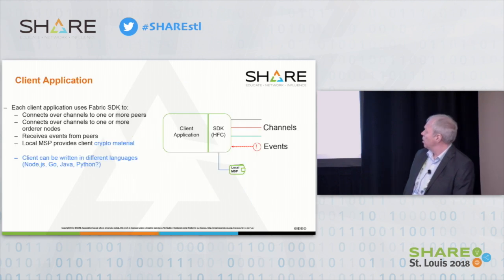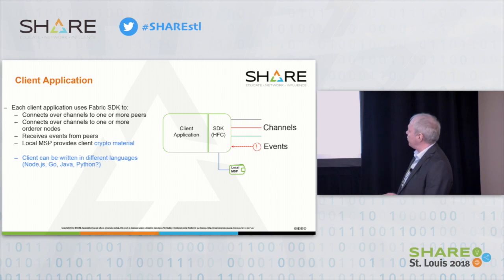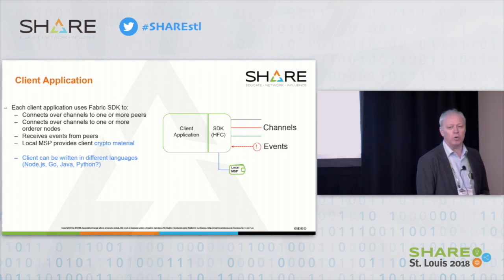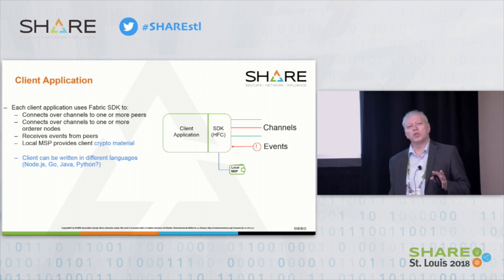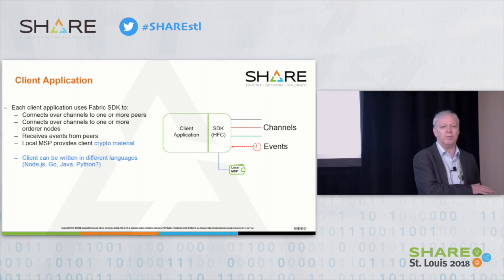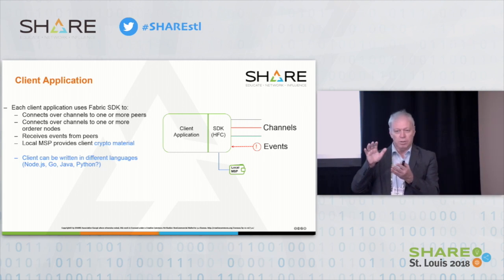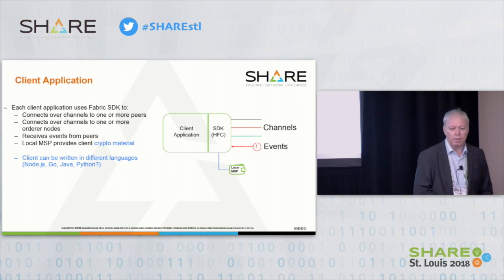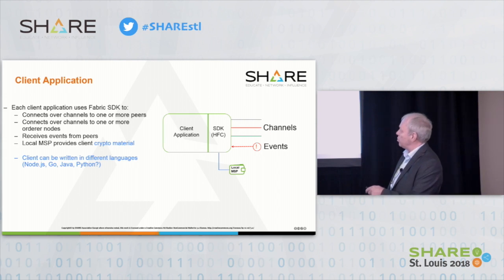So therefore, from a client application perspective, you can use the Hyperledger component, Hyperledger Fabric Composer. The Composer is a tool that gives you the possibility to integrate between the Fabric runtime and your business application. Build those APIs, and even run a REST API server. So it connects over the channel to one or more peers.